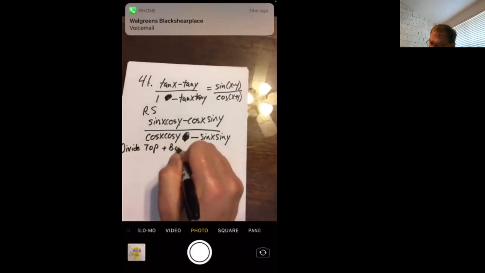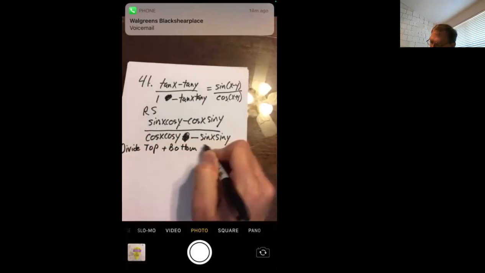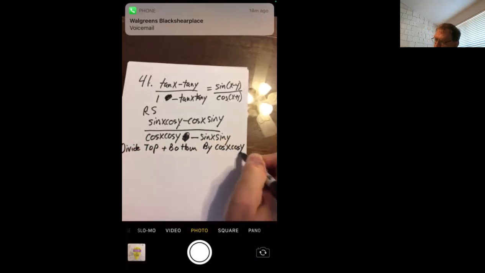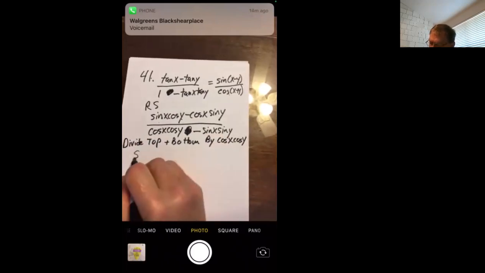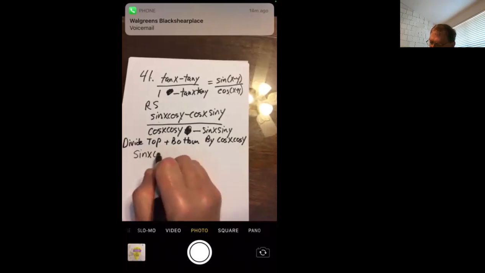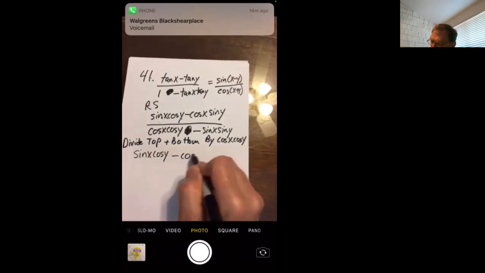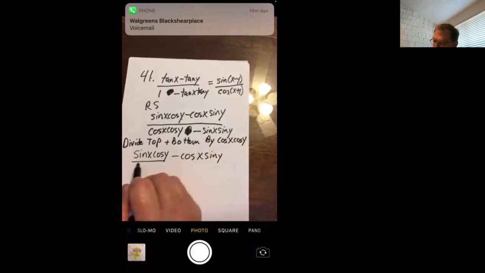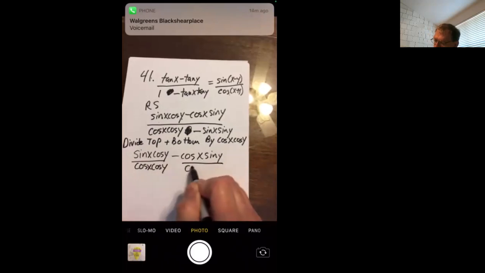And bottom by cosine x, cosine y. Let's see if we can get it. Write it out real slow. Sine x cosine y, cosine x sine y, and divide each piece by cosine x cosine y. Cosine y.